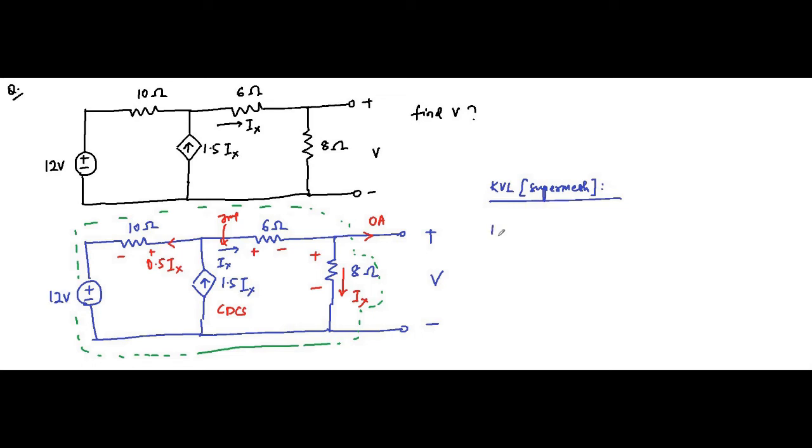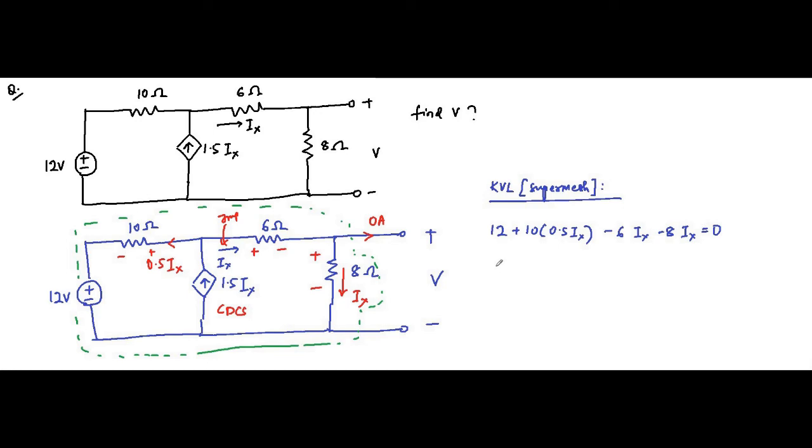(12 plus 10 into 0.5 Ix). Why plus? Because we are moving from minus to plus. Current always flows from plus to minus. Then minus 6 Ix minus 8 Ix is equal to 0.